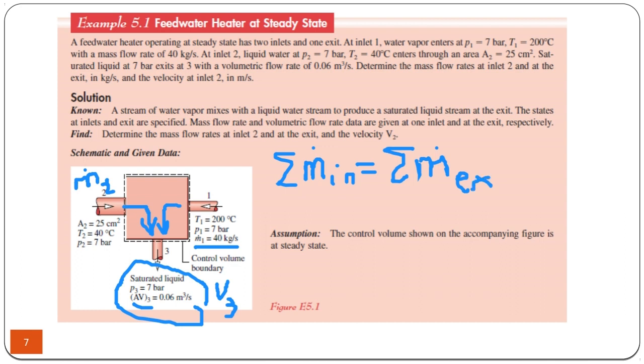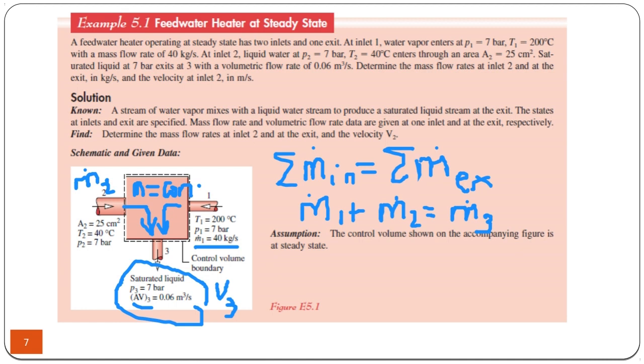It means that m dot 1 plus m dot 2 is equal to m dot 3. This is required by the conservation of mass. It's steady state, so there is no change of the mass inside the control volume. So inside the control volume, mass is constant, so that the derivative of it is 0, meaning that it's steady state.